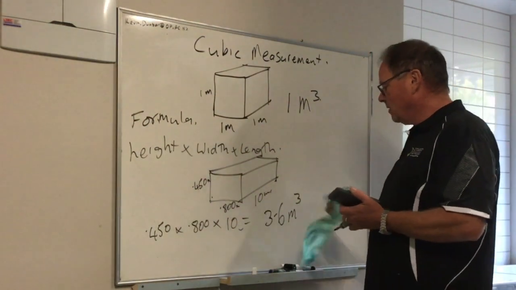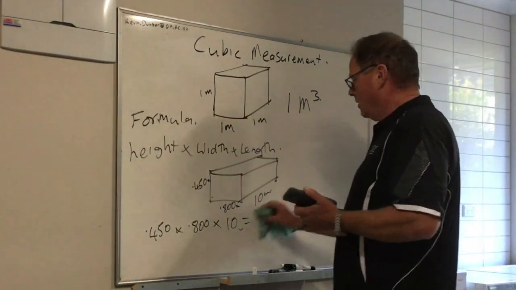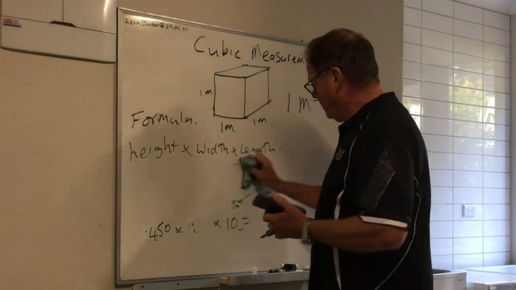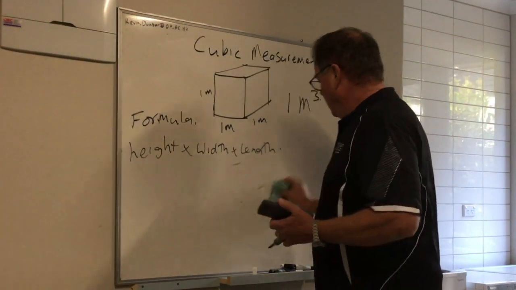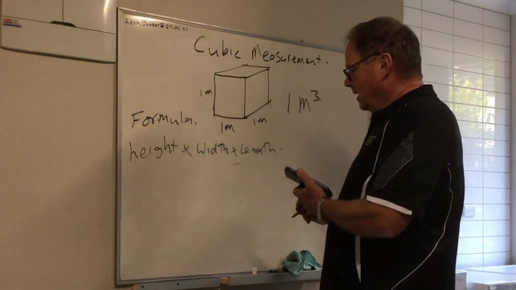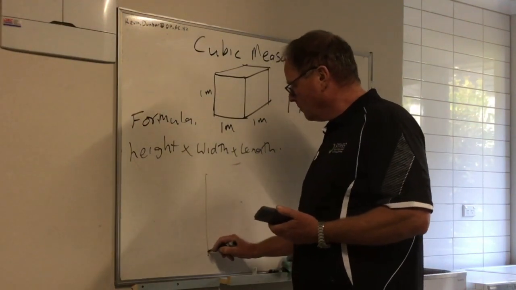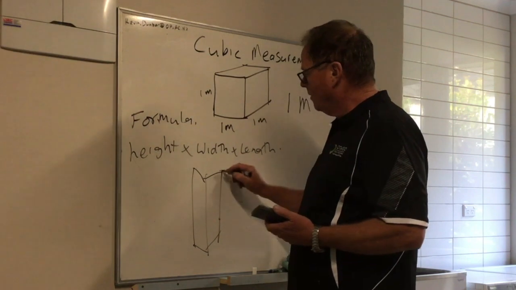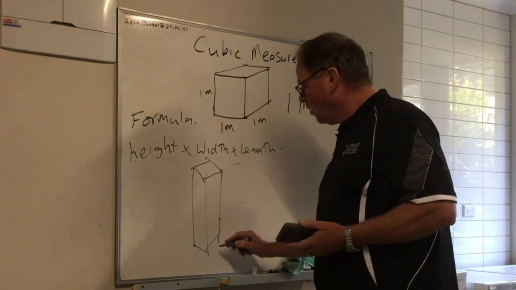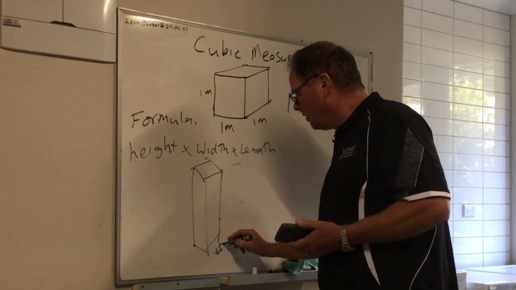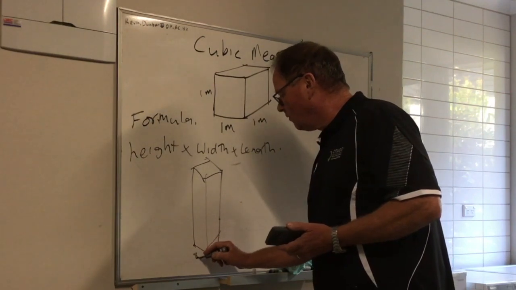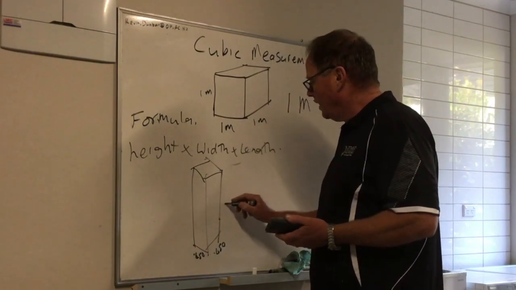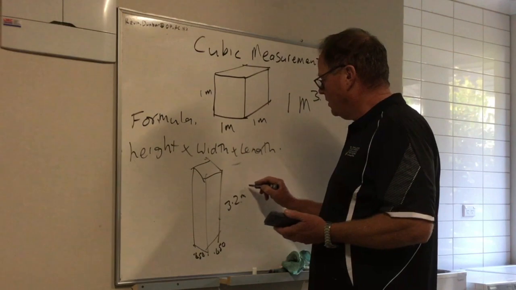Now if we have something more in the shape of a column, keep that same formula. The column will be that shape, and it might be 0.45 square and 3.2 metres in height.